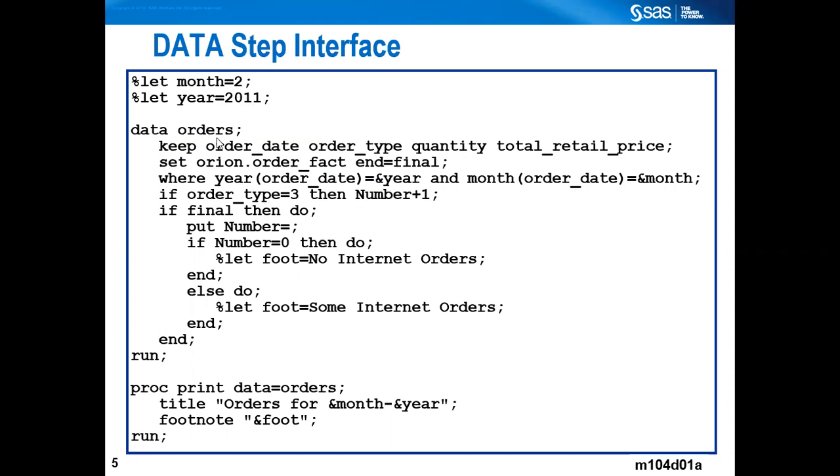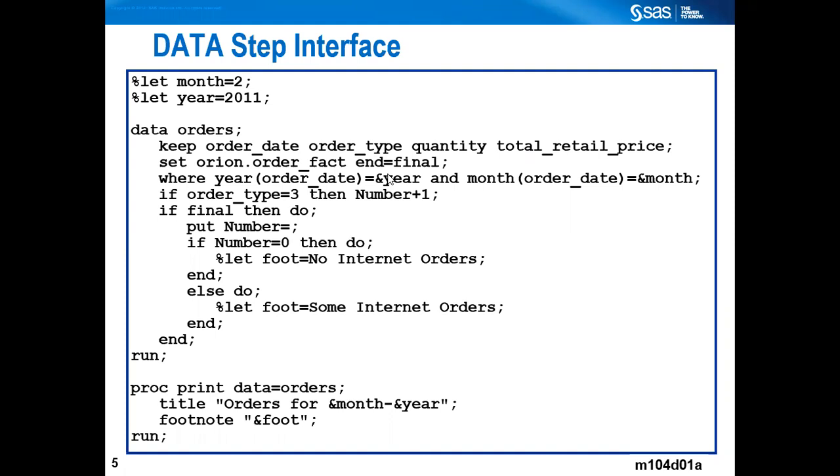Fine. Now creating a data set order, you are selecting the variables as per requirement from which data set? Orion.order_fact. All right. So your input source is Orion.order_fact, hence it's written with a set statement. And if you have observed, along with your set statement, you have the end equal to data set option.